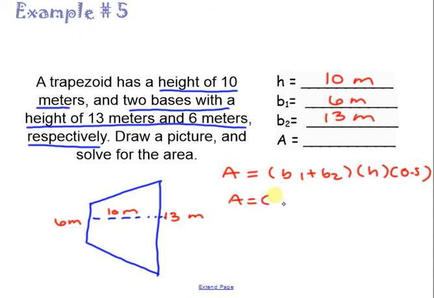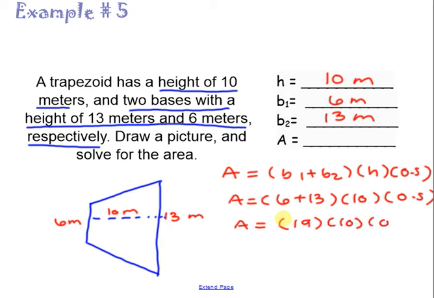So area equals, we have 6 plus 13 in parentheses times 10 times 0.5. So 6 plus 13, that is going to be 19 times 10 times 0.5. And when you multiply all of that together, you should get 95. So the area of this trapezoid is going to be 95 meters squared.